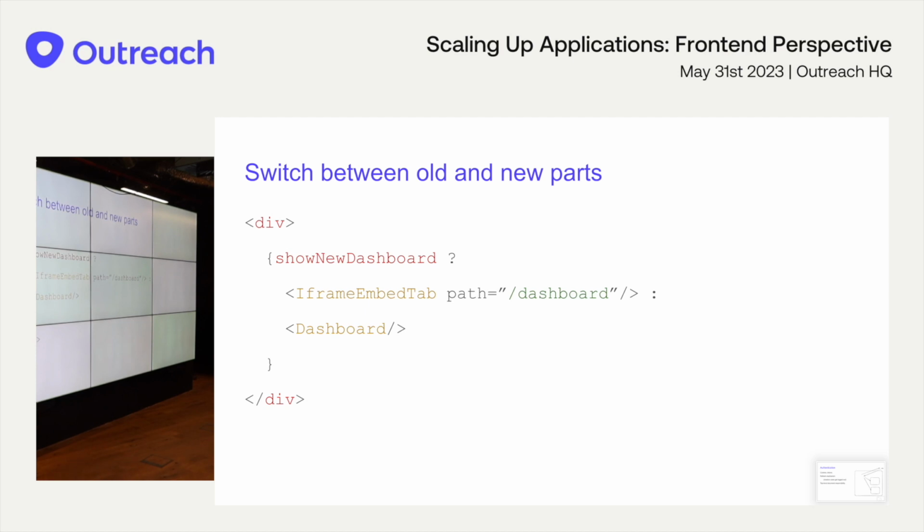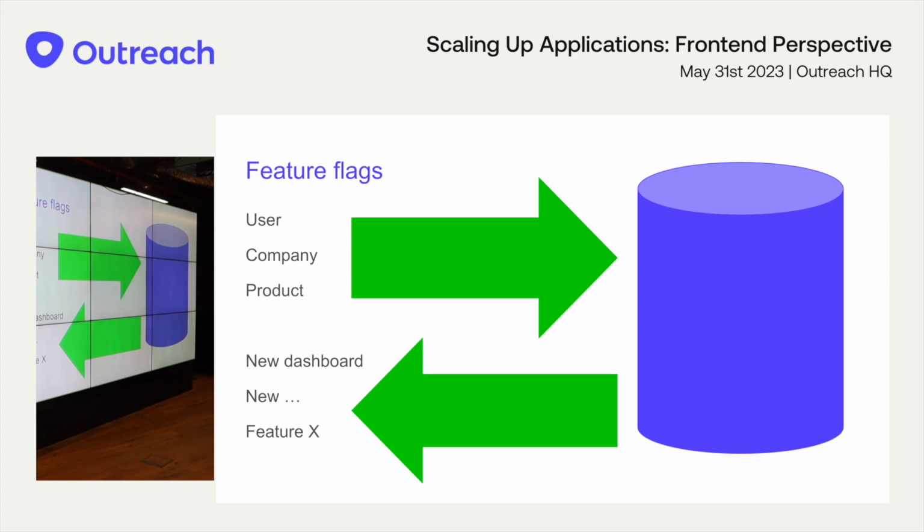And where does the condition come from? This is what Jakub has already mentioned. Ideally, you would use feature flags. So you could have an in-house solution. In Outreach, we use LaunchDarkly, for example. How it works, you have some backend somewhere at LaunchDarkly, and we send them a request saying who the current user is, what is his company, what is the product that he's using, and the backend will evaluate it and send him a set of feature flags, or just one, depending on how you ask.